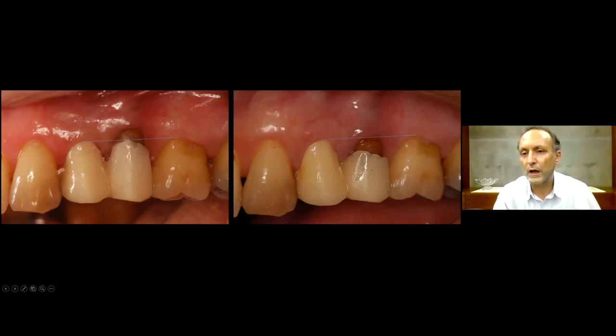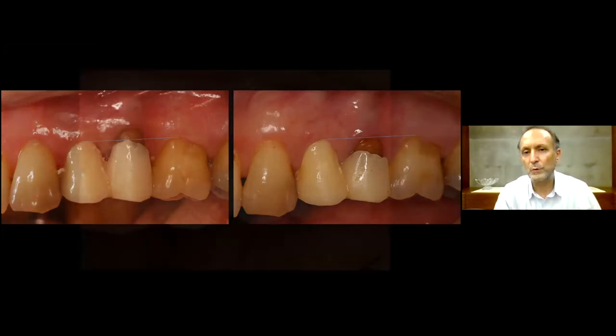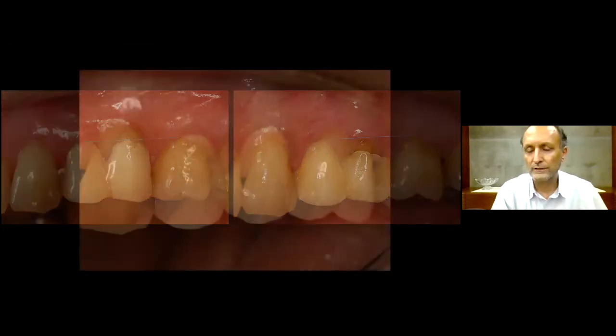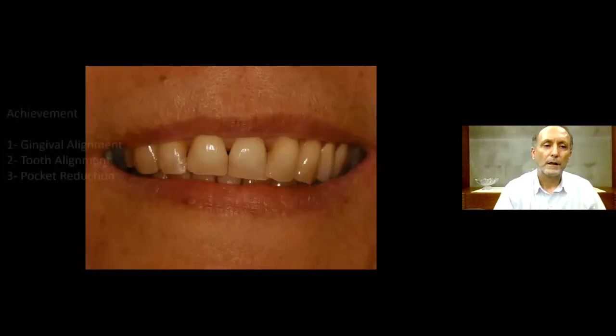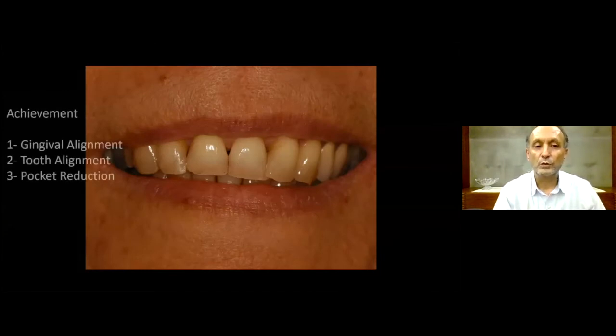And that's why the preparation line that was below the gingiva came out, and then the root that was in the pocket came out with the calculus along with it. And now we have zero pocketing. At this point, we will be able to put down a new crown and finalize the case. Gingival alignment, tooth alignment, pocket reduction, and we finalize the case.